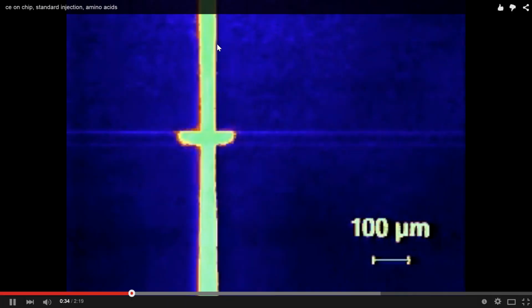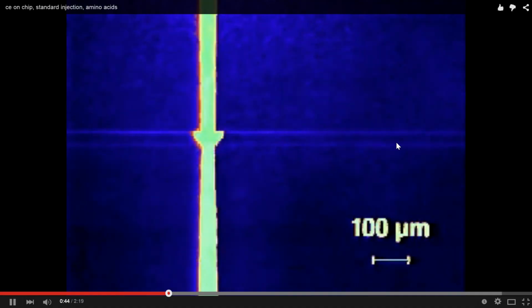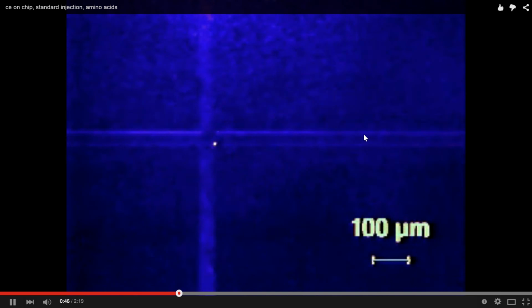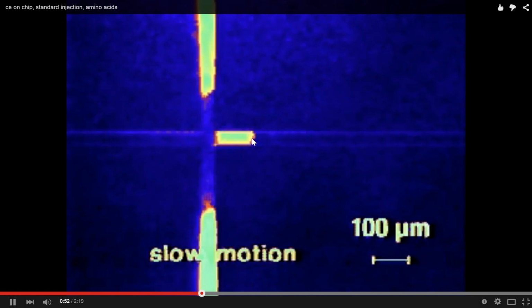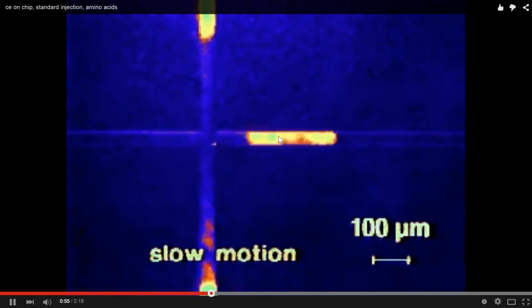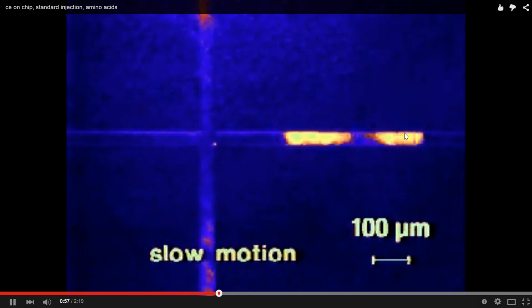What we're doing is that they're separating two fluorescent dyes, and those fluorescent dyes have different sizes. So the smaller molecule travels faster. This portion here is called a sample plug. And as the sample plug travels downstream, it separates into bands.